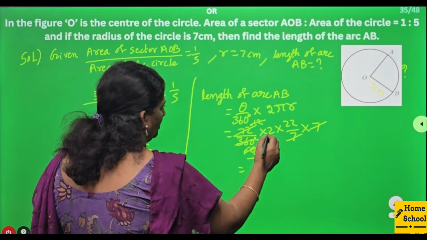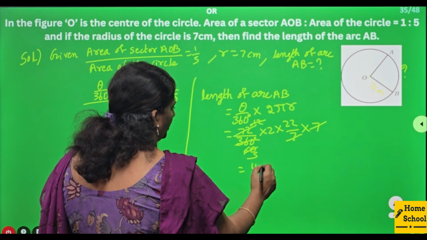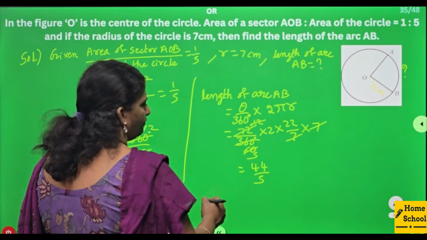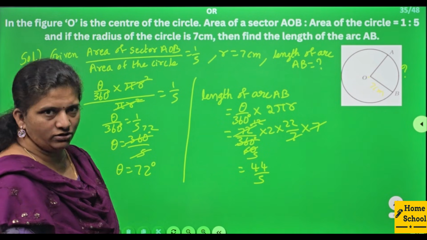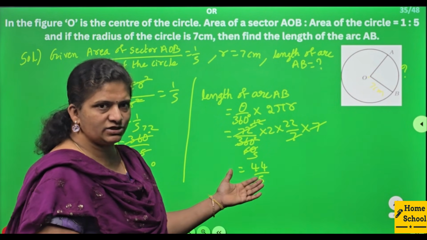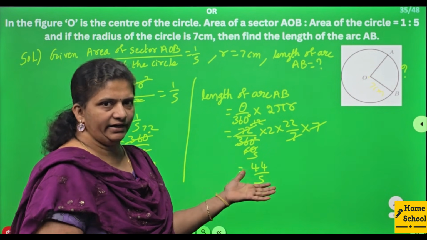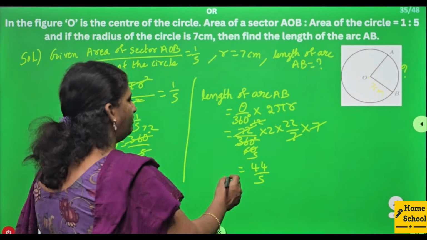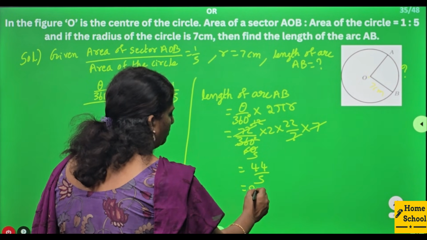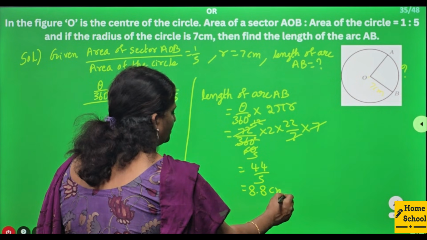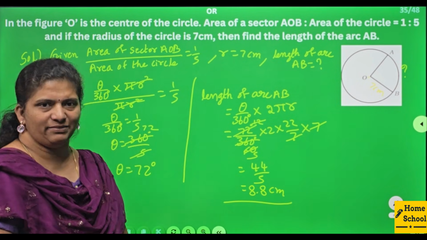Then here again, 22 2s are 44 by 5. If you want, you can write in decimal also. 5 8s are 40, 8.8. Centimeters also you can write. 8.8 centimeters is the length of the arc AB.